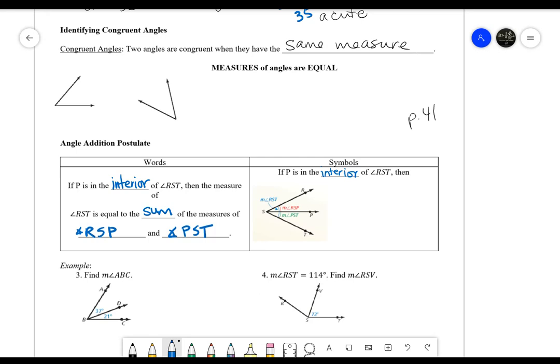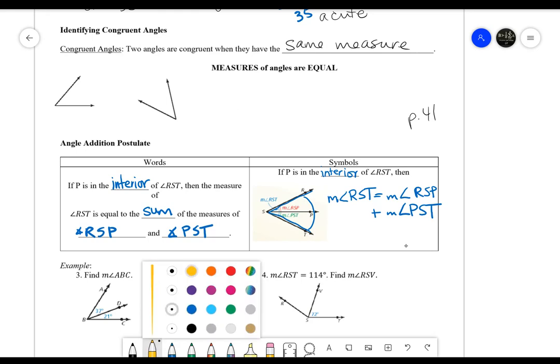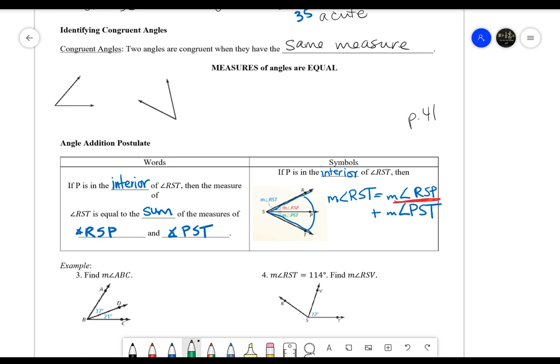Interior means inside here. Then we can write the measure of angle RST is equal to the measure of angle RSP plus the measure of angle PST. So the red is RSP, the green is PST.